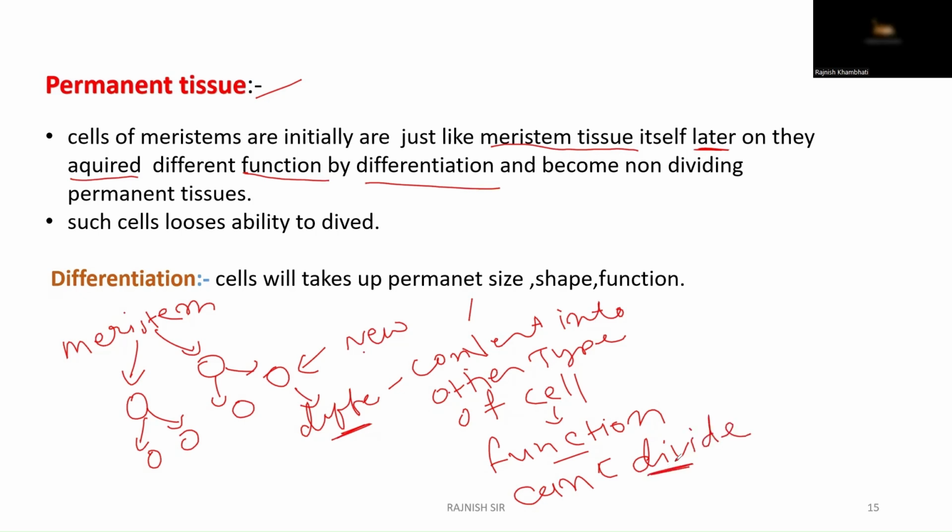This cell which cannot divide and has acquired a function through differentiation is known as permanent tissue. And such cells are losing their ability to divide. Clear? Differentiation is what? Cells will take up permanent size, shape, and function.